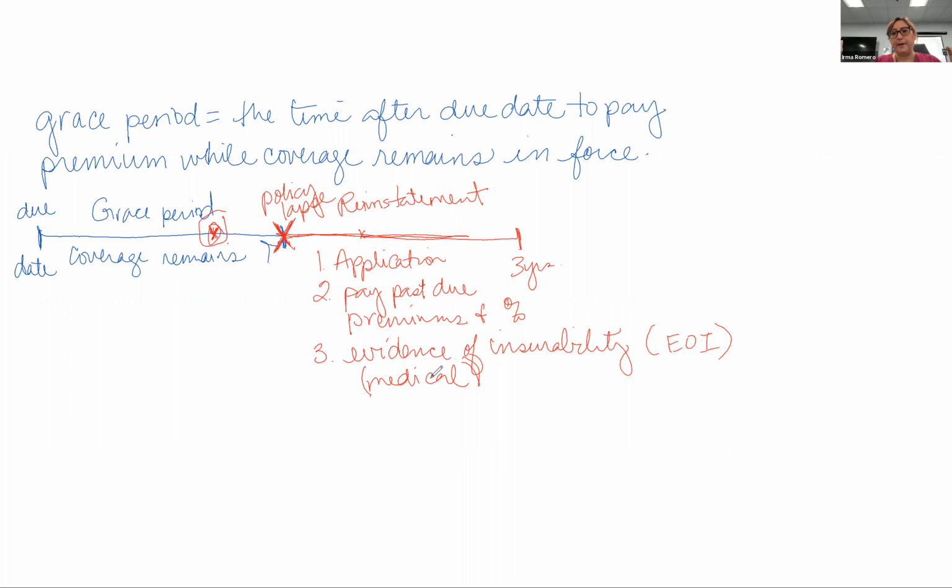We'll talk about that on Monday. So when we're looking at the mortality risk, we're not looking at pre-existing conditions. We're looking at mortality and how the pre-existing condition affects mortality, not morbidity.